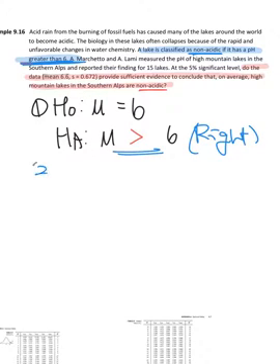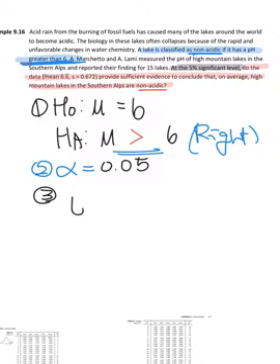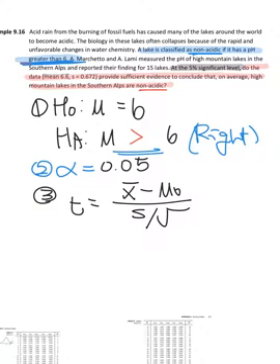Second step, we need the alpha. Can you see the alpha? 5%. Why? Oh, here it is. Thank you. 5%. Step 3, we need the t-score, not the z-score. But it's similar. The t is x bar minus mu 0 over s over square root of n.